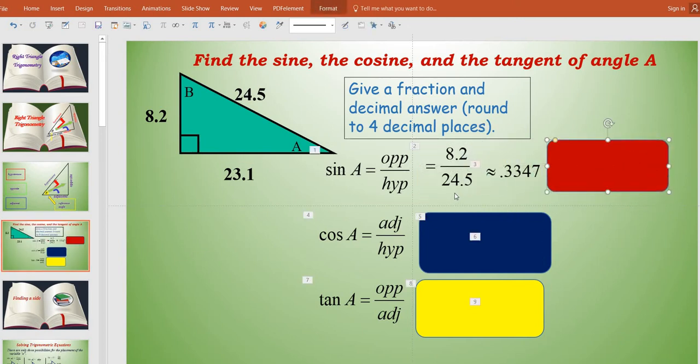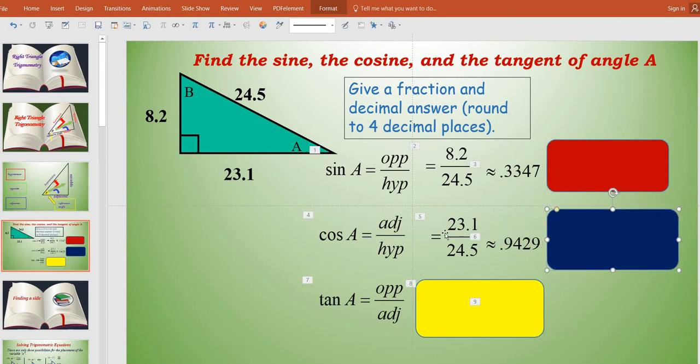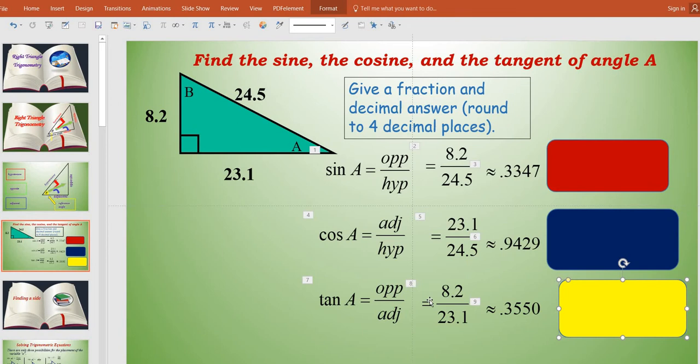Sine is 8.2 divided by 24.5, approximately 0.33. Cosine equals 23.1 over 24.5, approximately 0.94. And tan equals opposite over adjacent, 8.2 divided by 23.1, approximately 0.35.